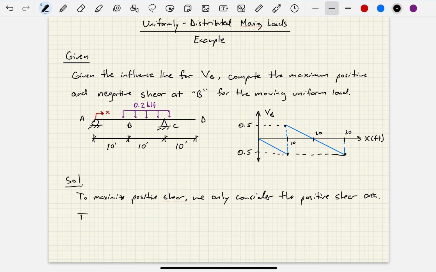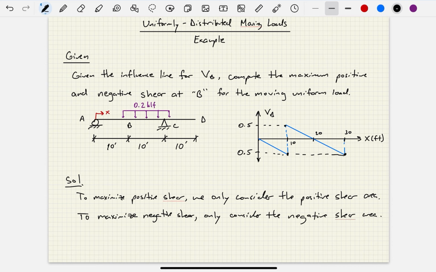And similarly, to maximize negative shear, we only consider the negative shear area, and we don't add those together.